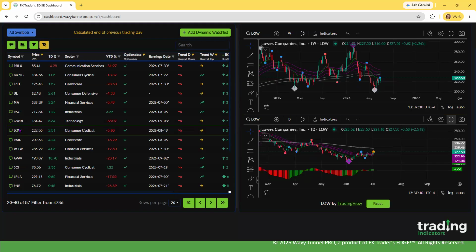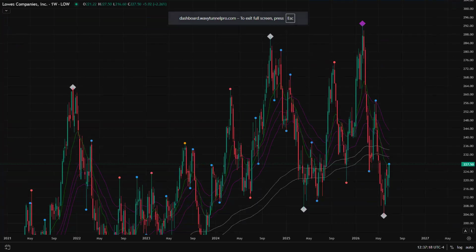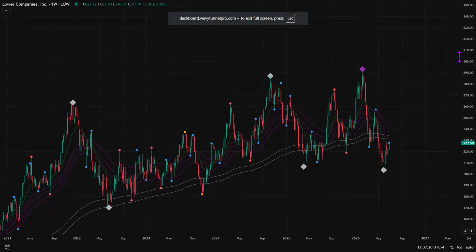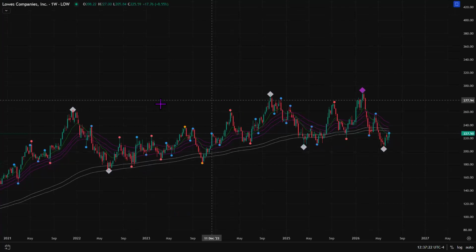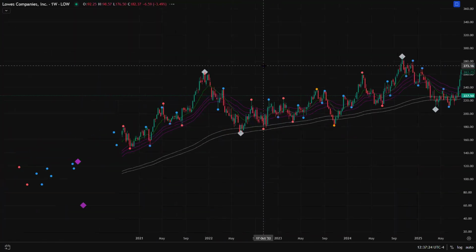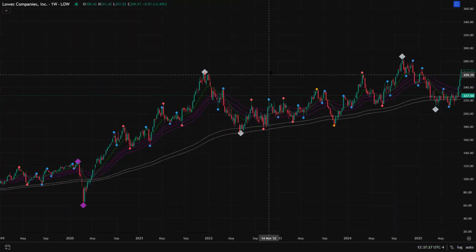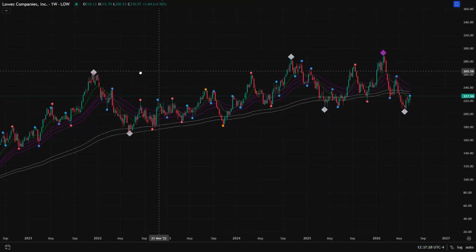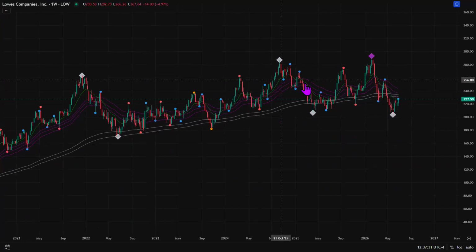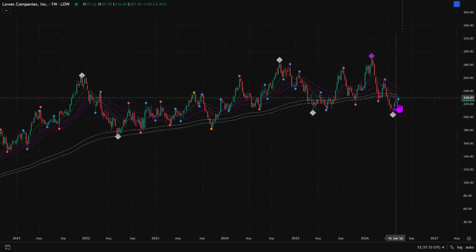This is not bad. Let me open this up. Yeah, so this is not bad. We've maintained a nice strong uptrend with some consolidation. So not bad. I'm going to put this on the watch list.